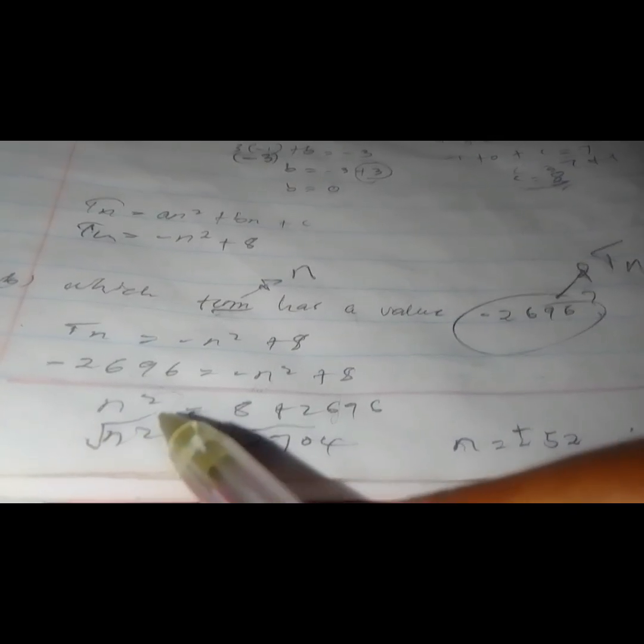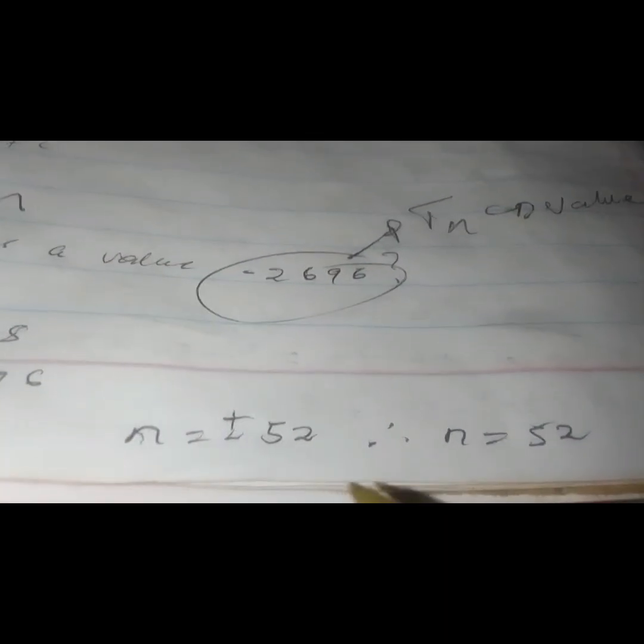What you do on your left hand side, you also do on your right hand side. The square root cancels the 2 here, and you're left with your n. So here you're going to find two values.